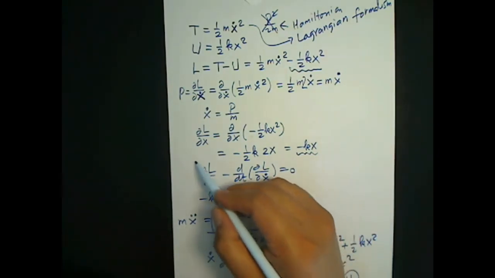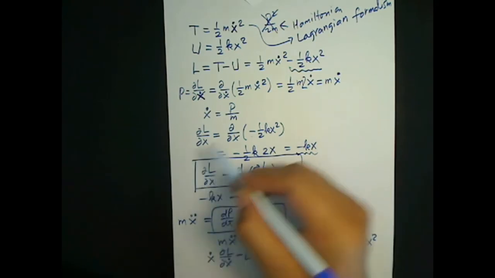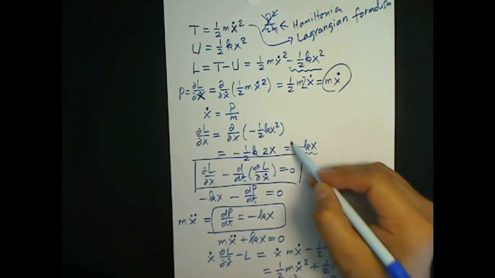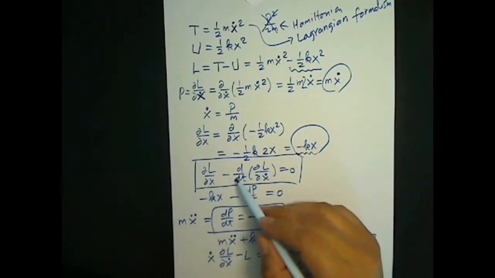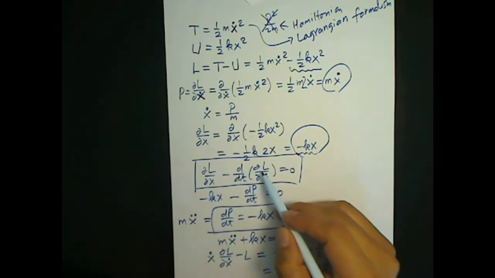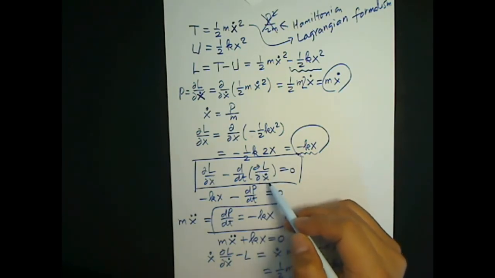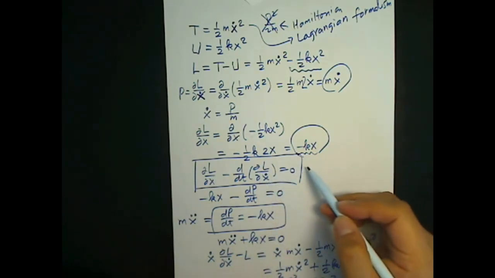If I substitute this one and this one into the Euler-Lagrange equation, partial L over partial x minus the total time derivative of partial L over partial x dot equals 0.